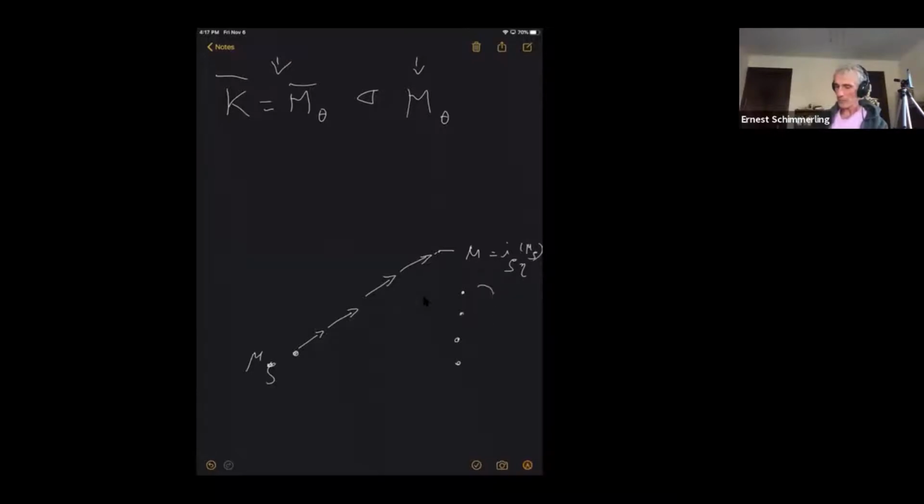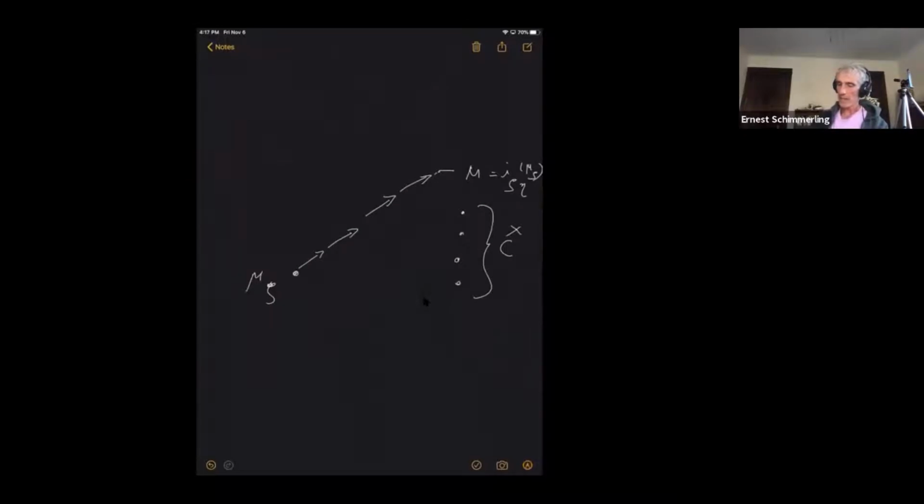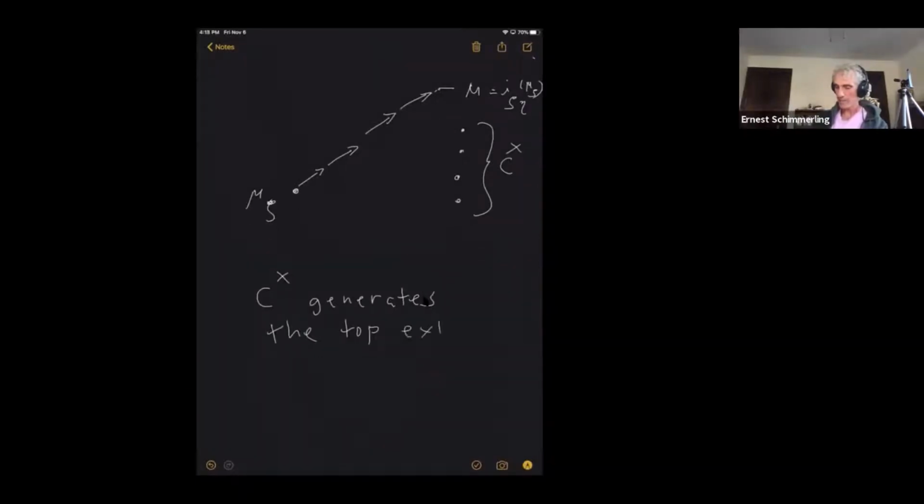They're forming this club, which I'm calling Cx. And then we have P, which is M eta. And then Cx generates the top measure, the top extender, which codes a measure.